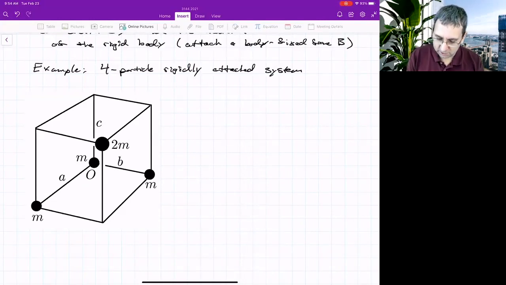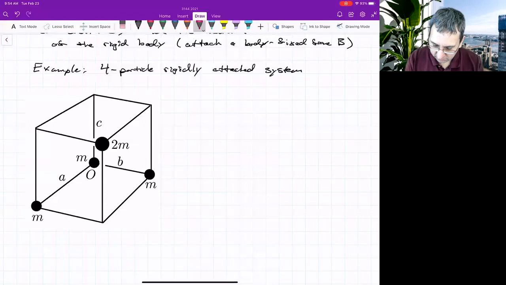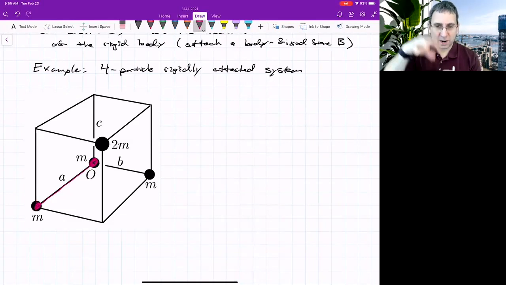So there's this point O, and then there's a mass right here. And then a distance a away is another mass. So think of there being this massless wire frame that's rigidly attaching these particles together.